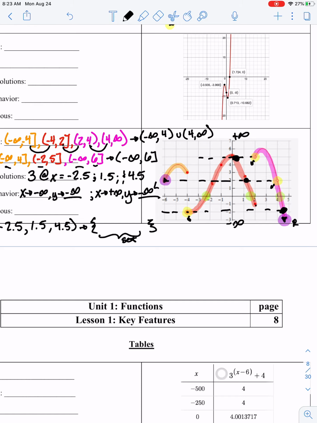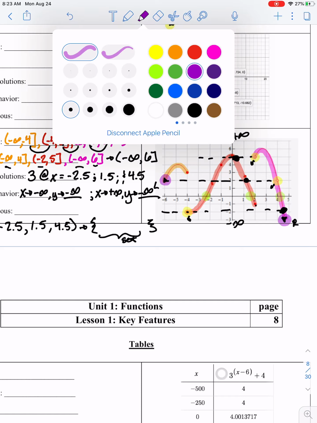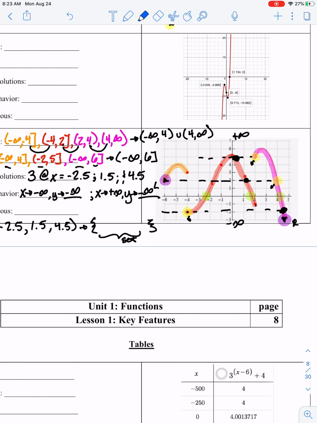to negative infinity. Now, as far as something being continuous or not, again, I want to start on the furthest leftmost piece of my graph, and I want to try to draw from point to point, or trace the entire graph without lifting my pencil.